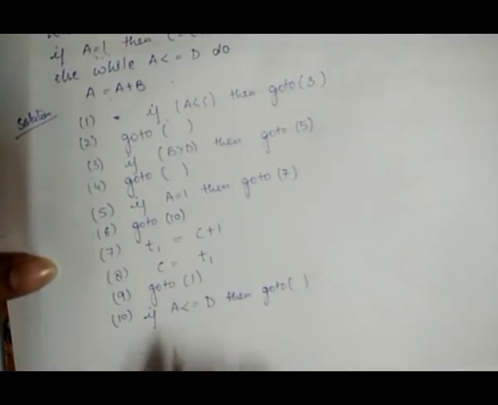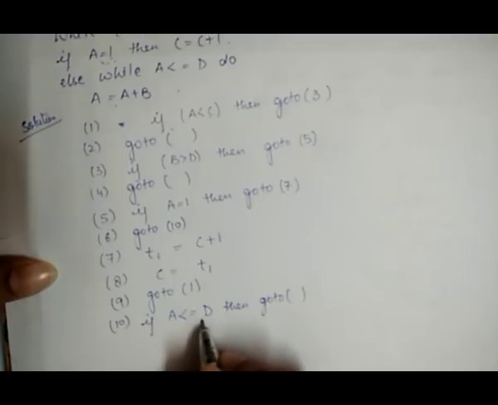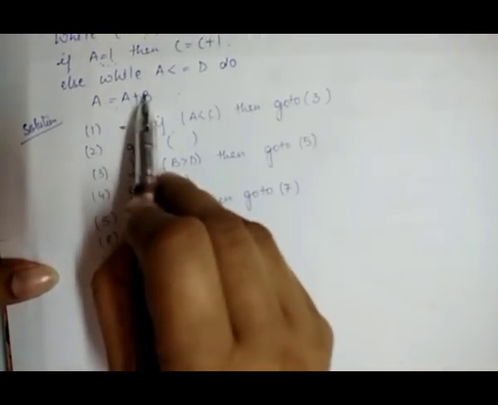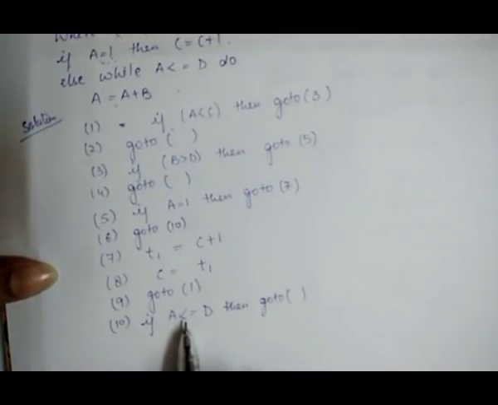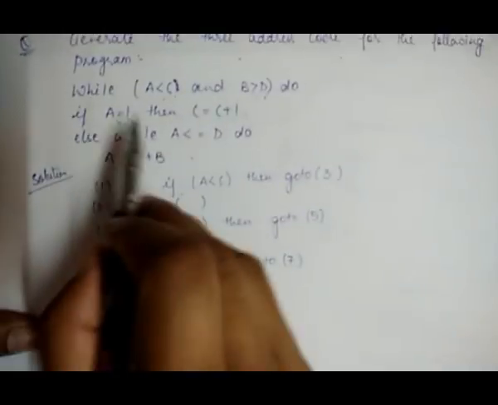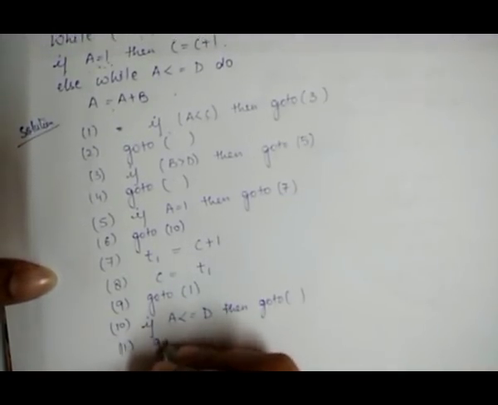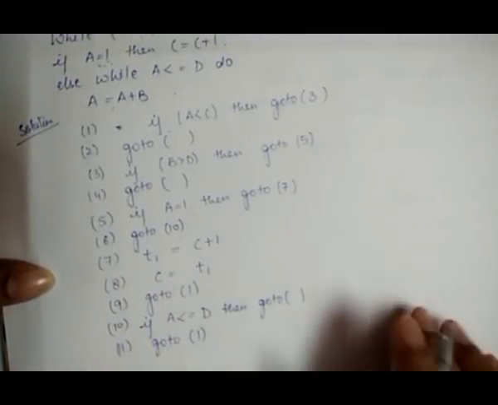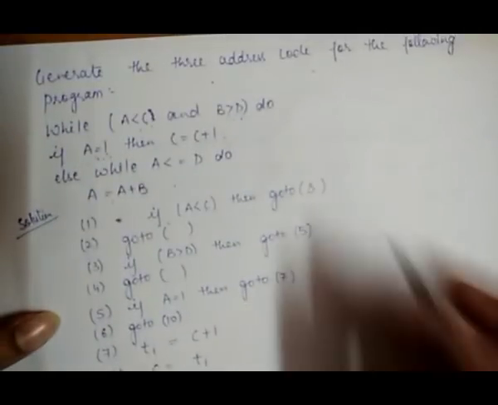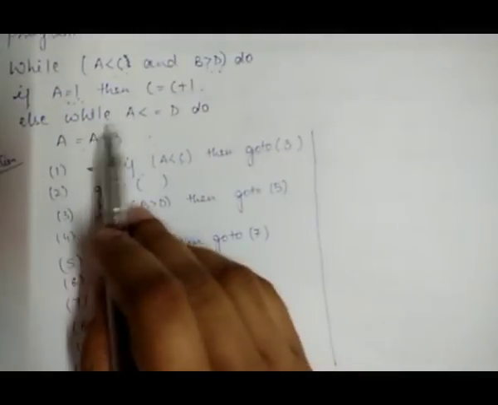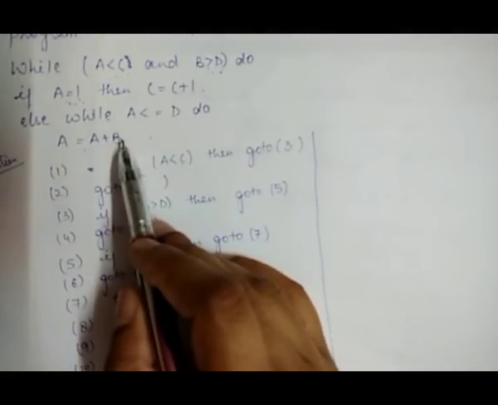Now if this condition is true, then we have to execute a equals a plus b. Else, if this condition is not true, then we again check the while condition, so the 11th line is go to 1. After this, if this condition is true, then we have a equals a plus b.